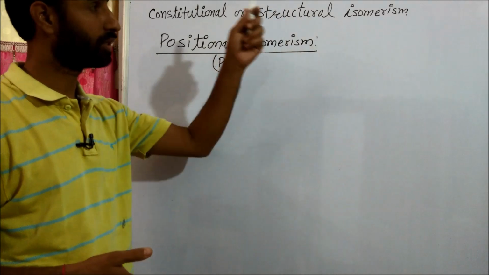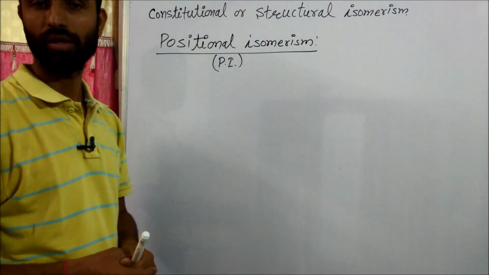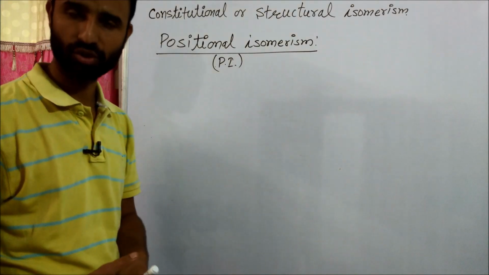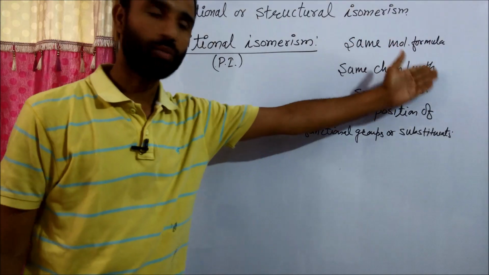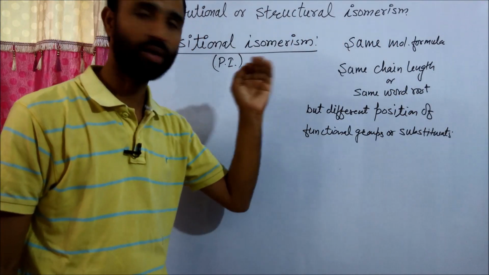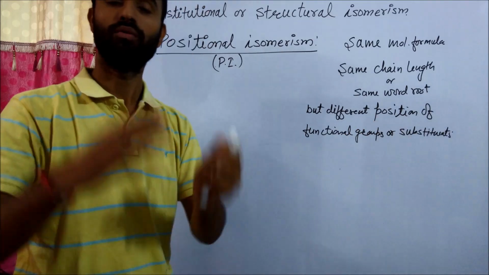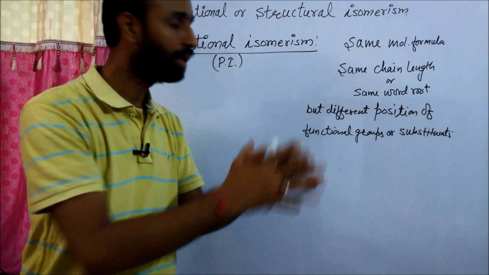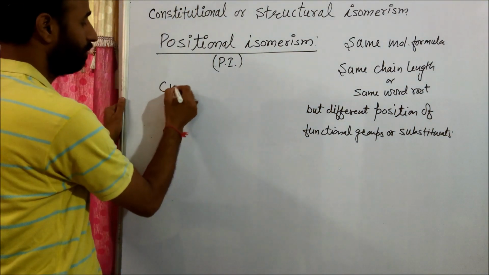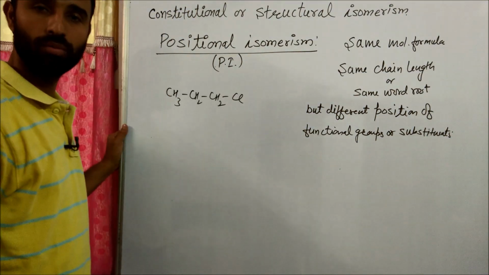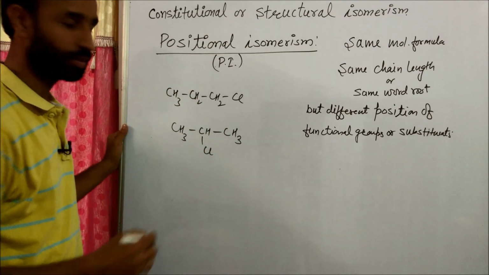Second part of structural or constitutional isomerism is positional isomerism or position isomerism. In position isomerism, same molecular formula, same chain length, same word root, but a different position of the functional group or substituents. For example, 1-chloropropane and 2-chloropropane.